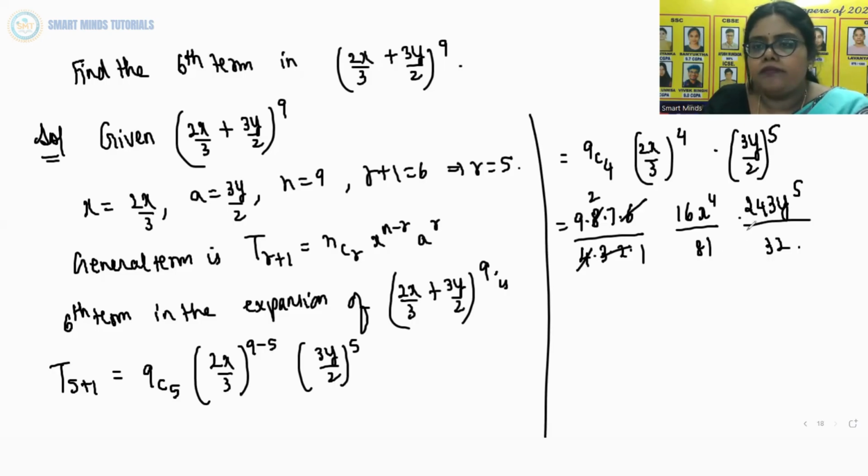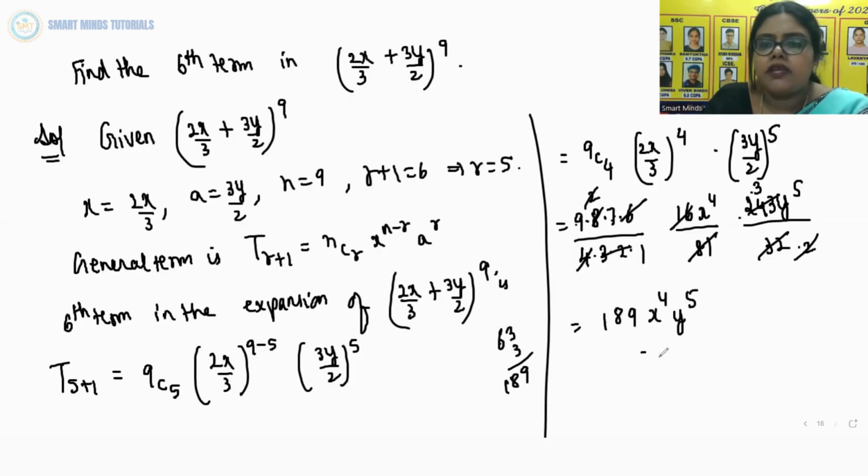And over here, 81 ones are 81, threes are 243. 16 ones are 16, twos are 32. Then this 2 and this 2 cancel. So you get 7 threes are 21, 9 sevens are 63 and 63 into 3 is 189. So that is 189 x power 4 y power 5. This is the final answer.